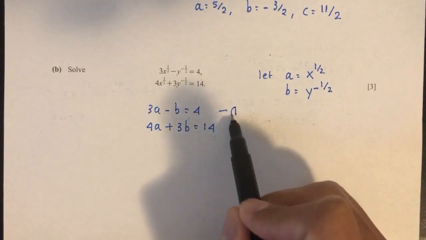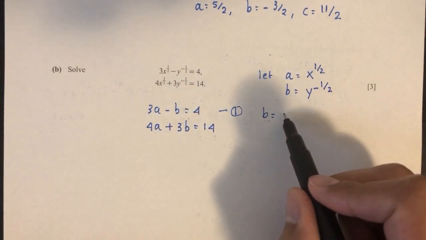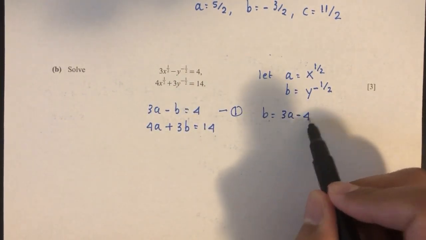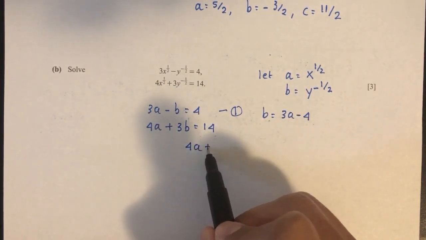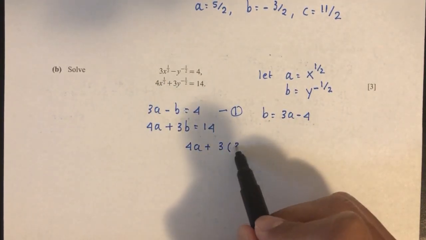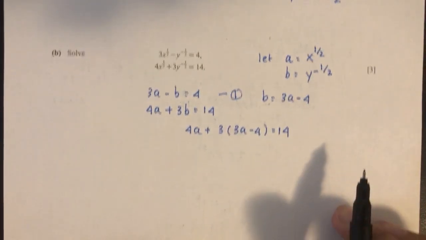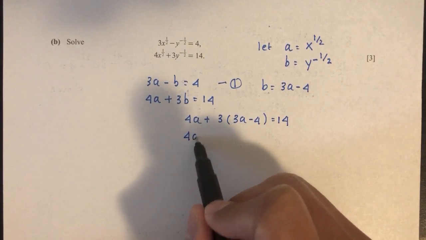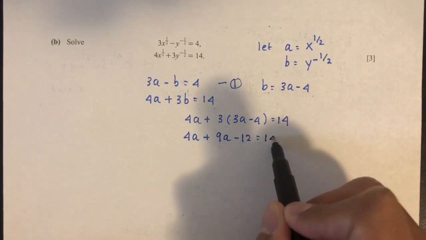So for this first equation, we make b the subject of the formula. We have b equal to 3a minus 4. Now replace this back in the other one. We have 4a plus 3b, which is 3a minus 4, equal to 14. So 4a plus 9a minus 12 equals 14.